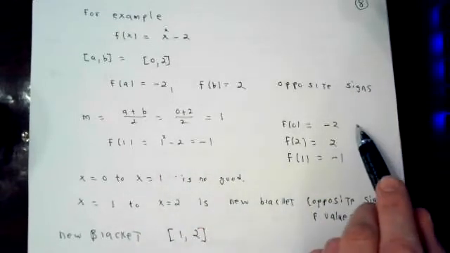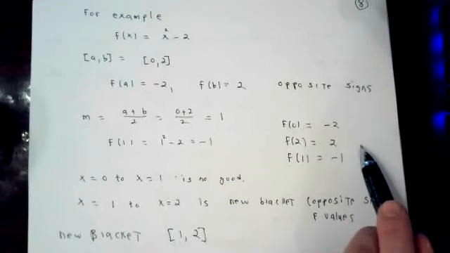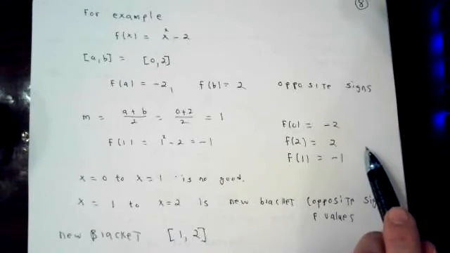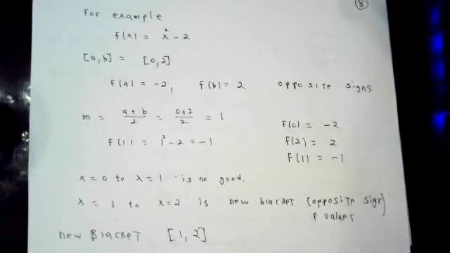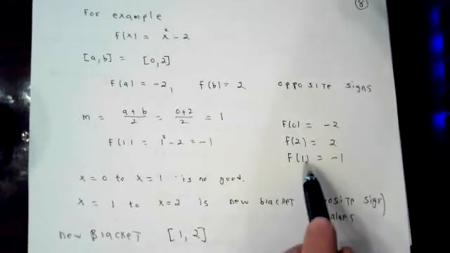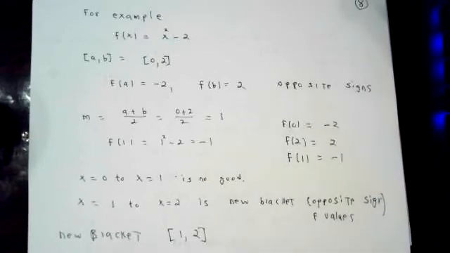So f of 0 is negative 2, f of 2 is positive 2, f of 1 is negative 1. Somewhere between x equal 1 and x equal 2, the f value must be 0. So my new interval is going to be from 1 to 2.